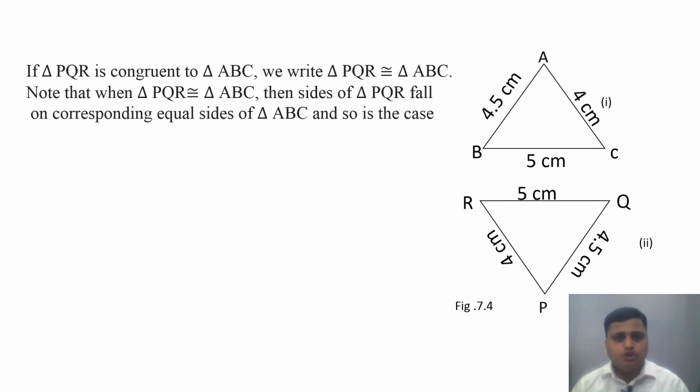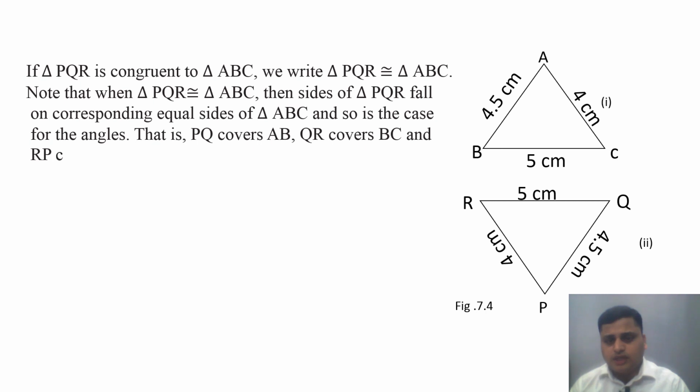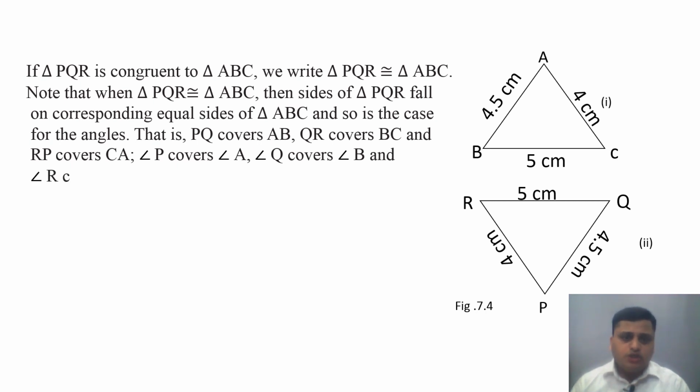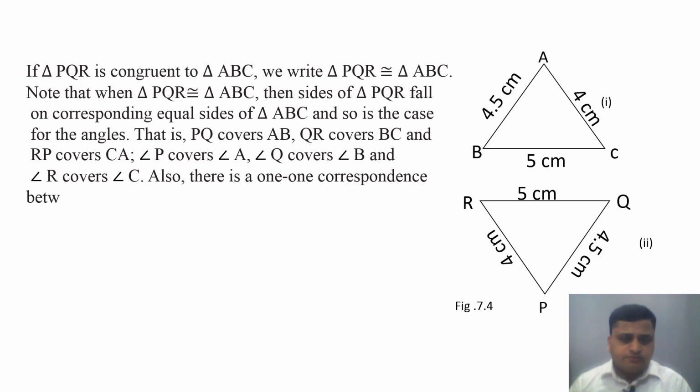We denote it with this symbol of congruency. So triangle PQR is congruent to triangle ABC. Note, this is possible only when the sides of triangle PQR fall on the corresponding equal sides of triangle ABC, and so is the case for the angles.